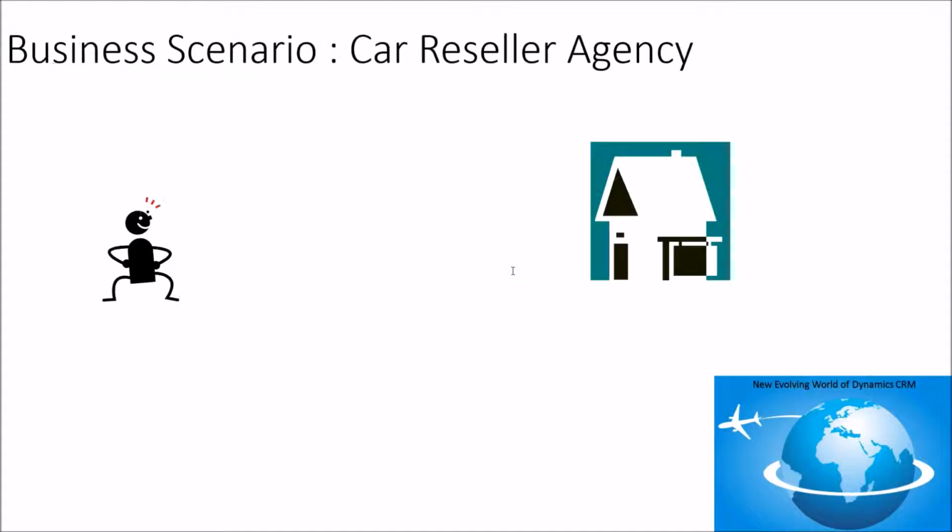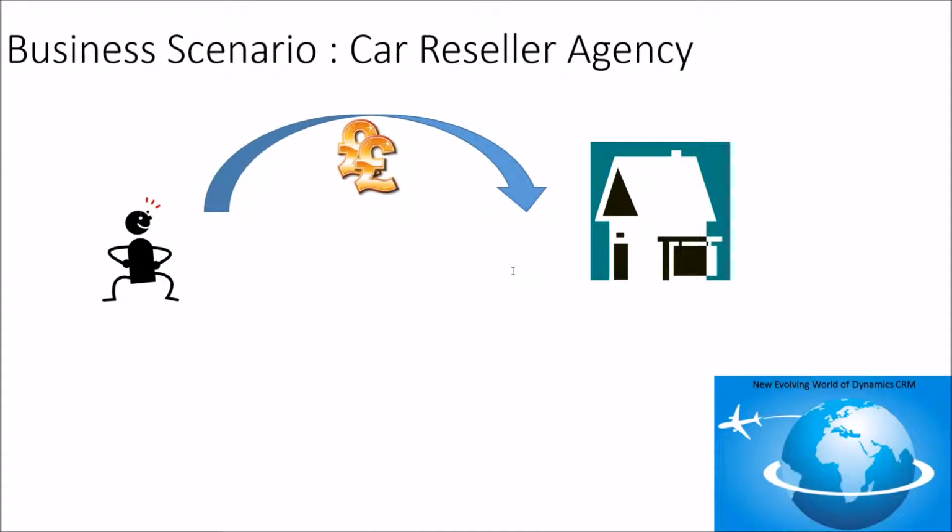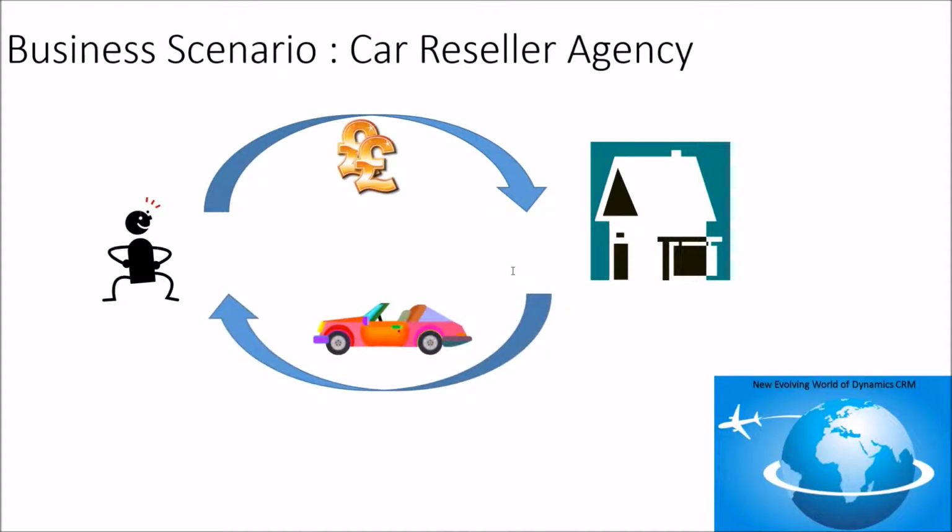I will start with the business scenario, and we'll try to see how entitlement can help in such a scenario. There is a guy who wants to purchase a used car, what we also call a second-hand car. So he goes to a car reseller agency, pays some money, and after paying that money, he gets a second-hand or used car.